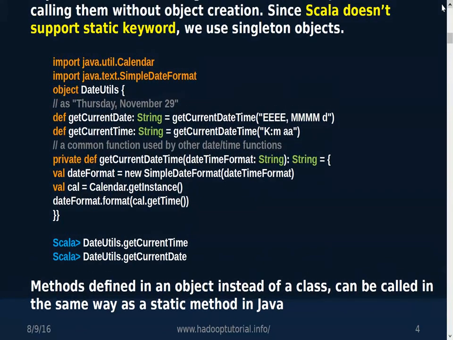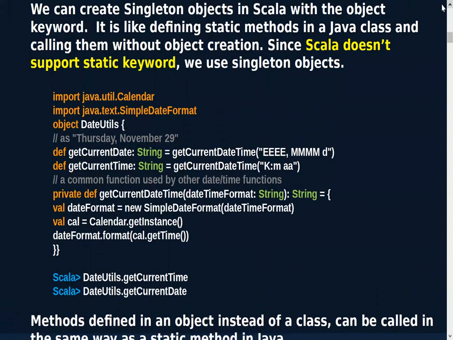Is it clear, Dharmesh? Yeah, one question. Is it similar to defining a variable inside the class and accessing that variable in all other objects? Yes, similar. But let's say I have an employee class with name and salary.